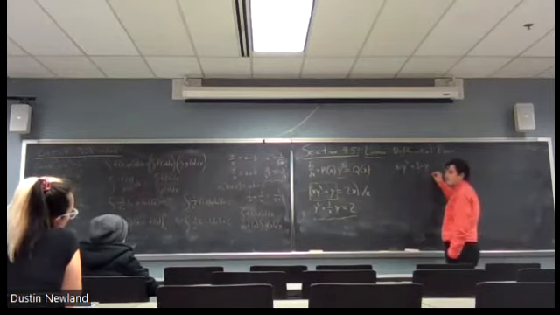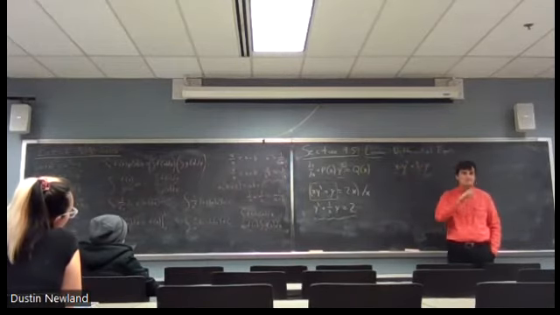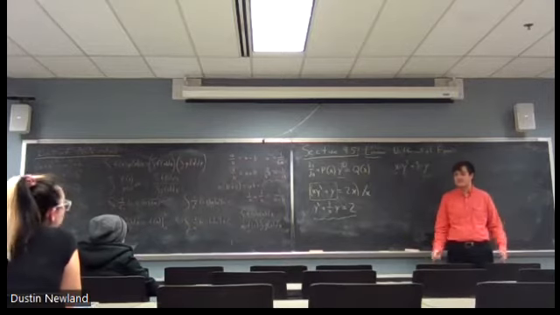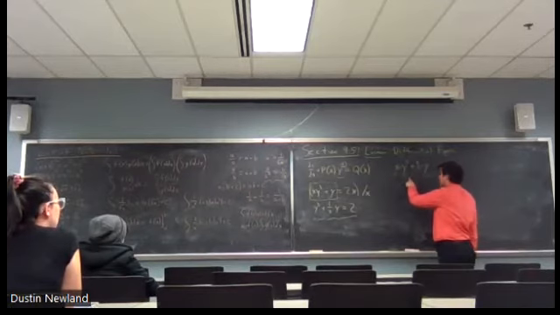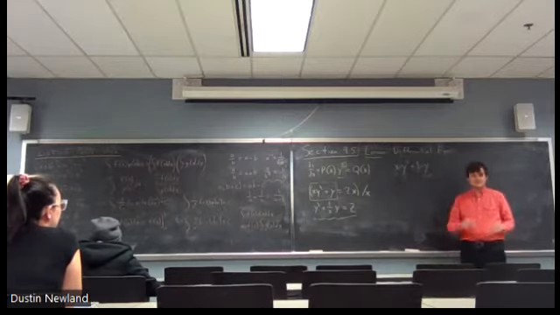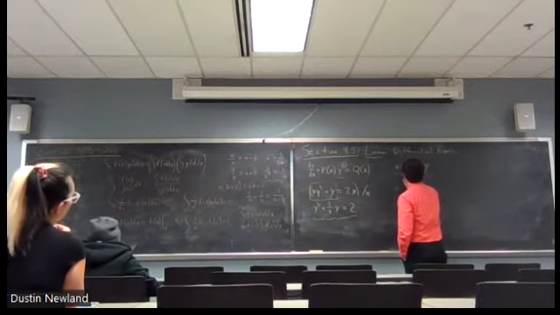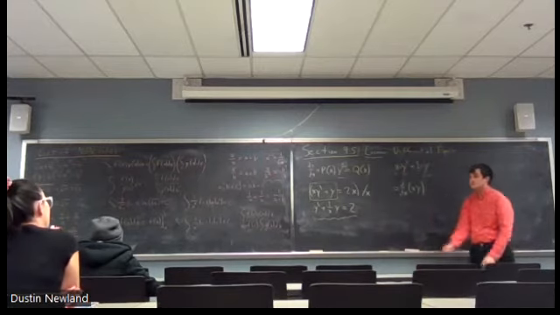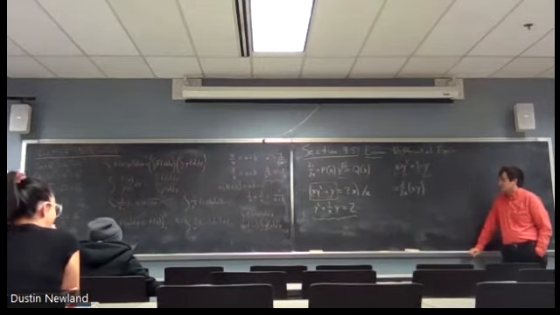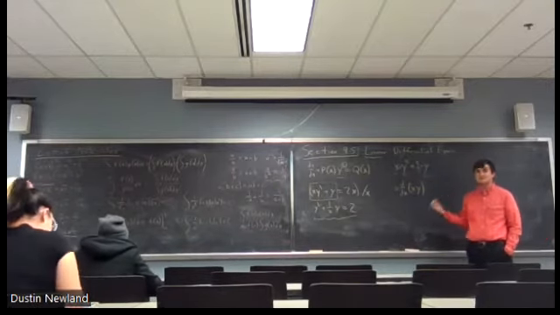I have y here and its derivative, and I have x here and its derivative. Does this look familiar in any way? I take one function multiplied by the derivative of the other, and then I add the derivative of the first function times the other. It's the product rule. This expression is the derivative of x times y. If I take the derivative of x times y, I get this thing up here.